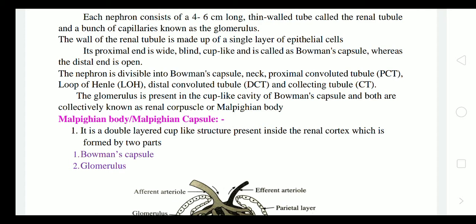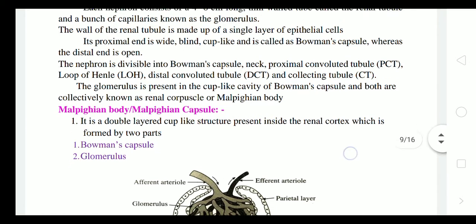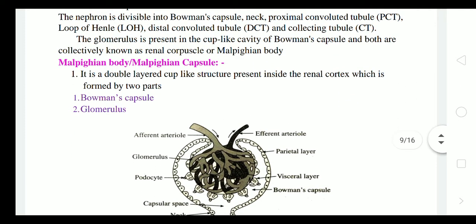The nephron is divisible into Bowman's capsule, neck, proximal convoluted tubule, that is PCT, loop of Henle, that is LOH, distal convoluted tubule, that is DCT, and collecting tubule, that is CT.